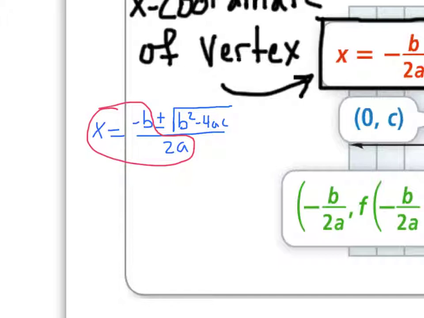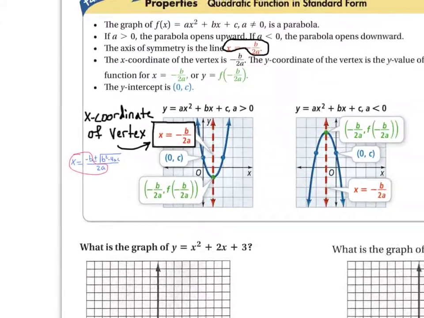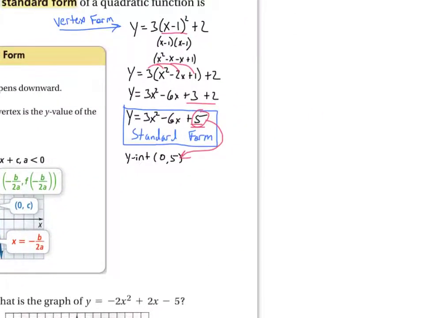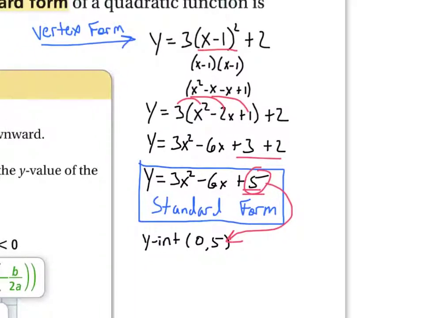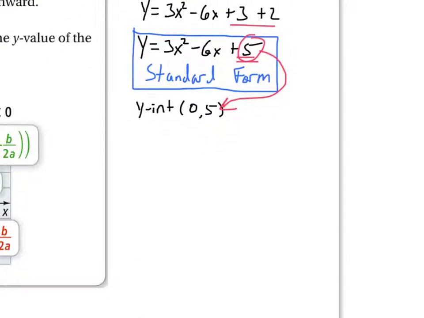So, let's go back for just a moment to the extra example I'm working over here. So if I know my y-intercept now, I know my standard form of the equation now, I want to use that standard form to find our vertex. So I need to use x equals negative b over 2a.